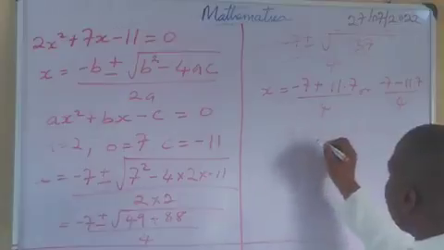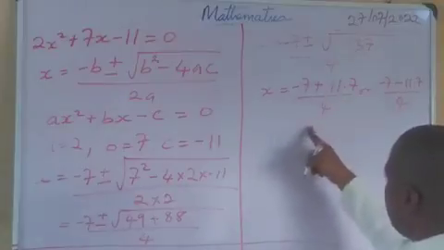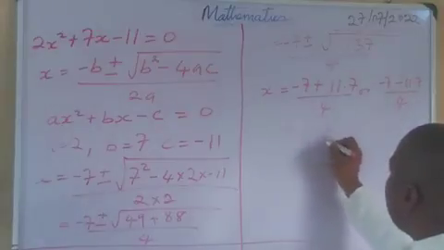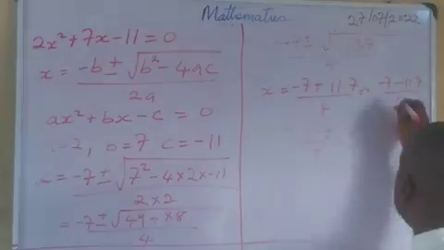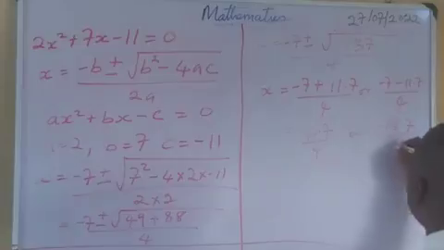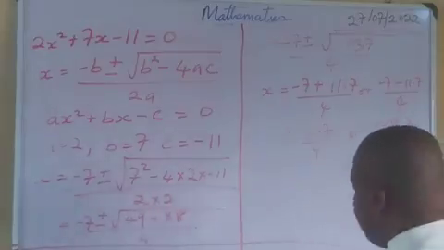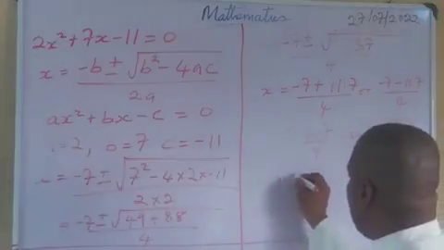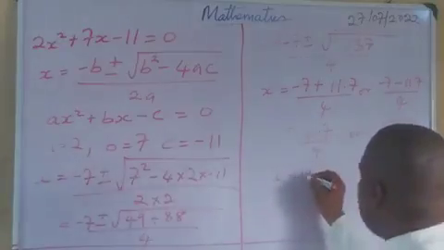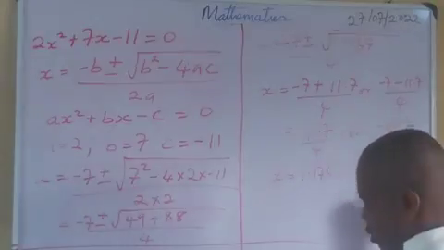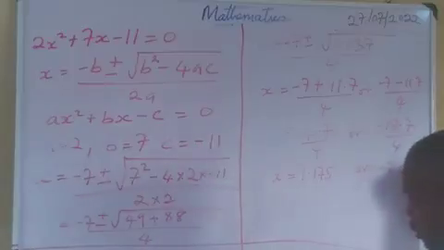So this one should be 4.7 over 4, or this one should be minus 18.7 over 4. So when you now divide, you get x equals 1.175 or minus 4.675.